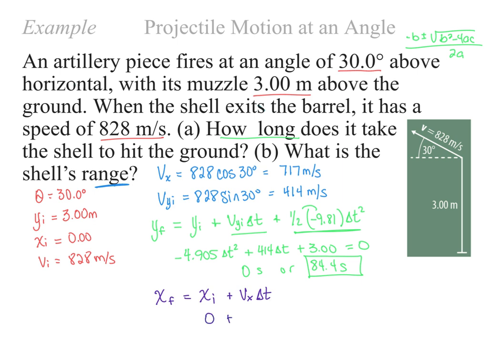My x velocity, I calculated 717. And then I'm going to multiply it by how long it was in the air, 84.4 seconds. And from that, with 3 significant digits, you should get that it traveled 60.5 kilometers.